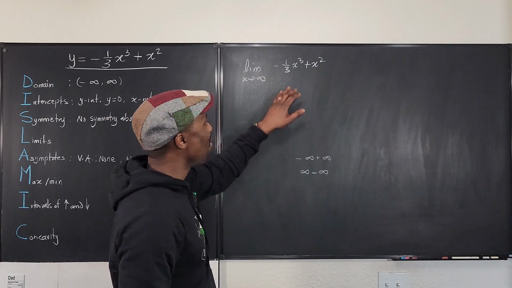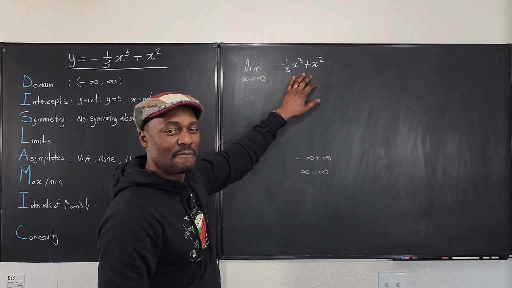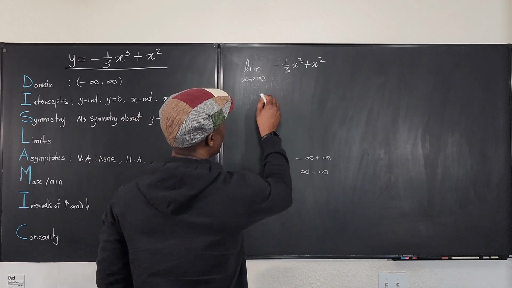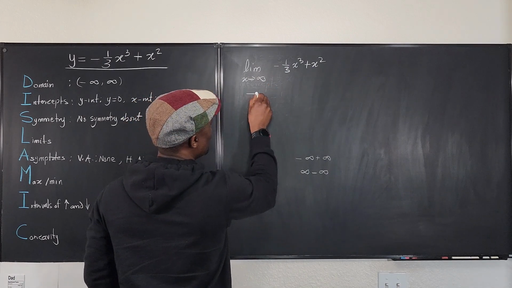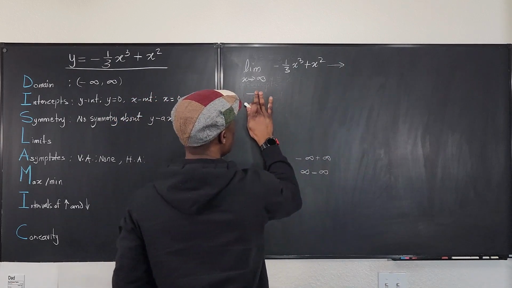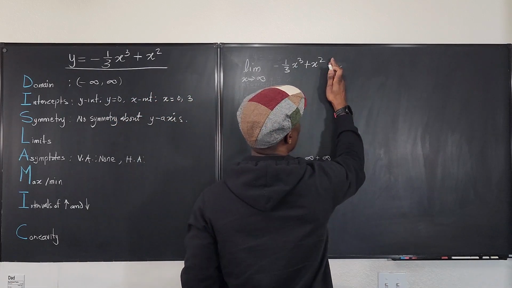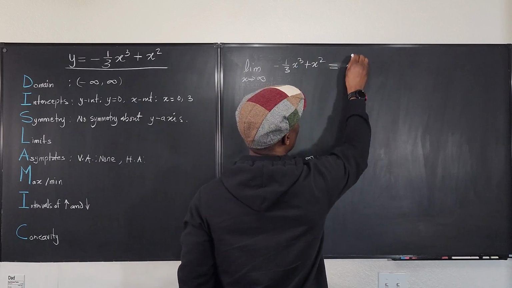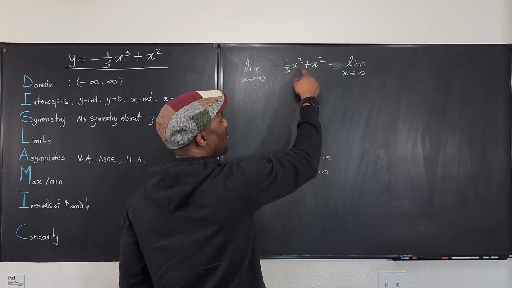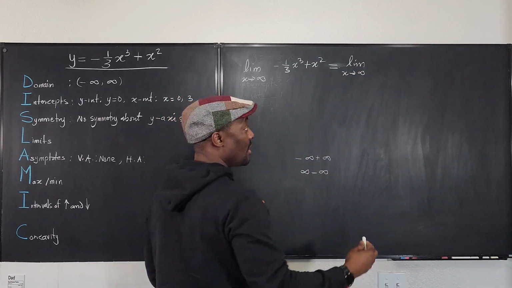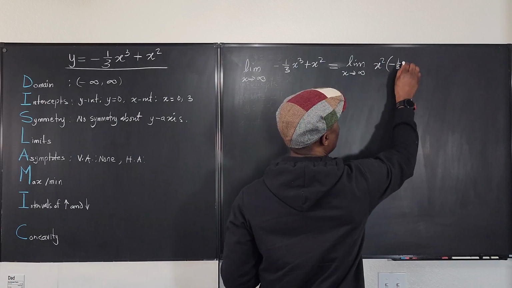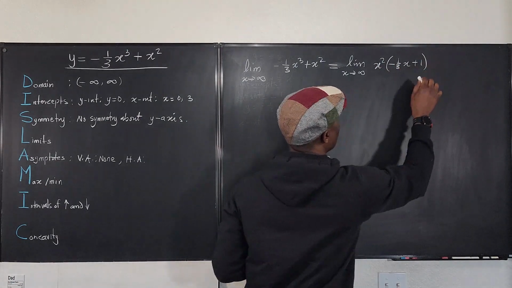So we're going to rewrite this in a way that we're multiplying, not dealing with this subtraction. This is going to be equal to the limit as x goes to infinity. I'm going to factor out whatever is common there so I can make a product out of them. It's going to be x squared times negative 1 over 3x plus 1.